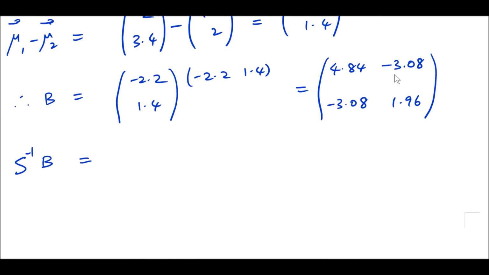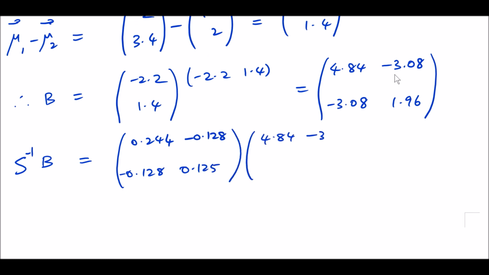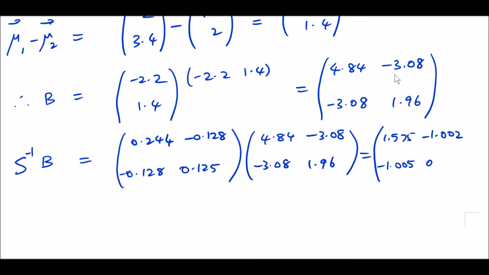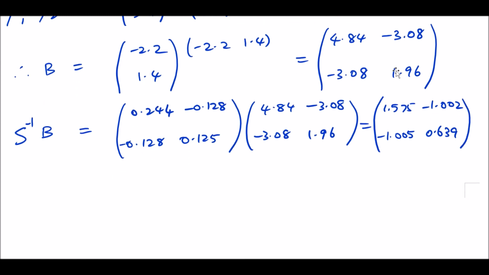S minus 1 we found: 0.244, minus 0.128, minus 0.128, 0.125, multiplied by B: 4.84, minus 3.08, minus 3.08, 1.96, which will give us 1.575, minus 1.002, minus 1.005, 0.639. Okay, so now we are off to the final answer.